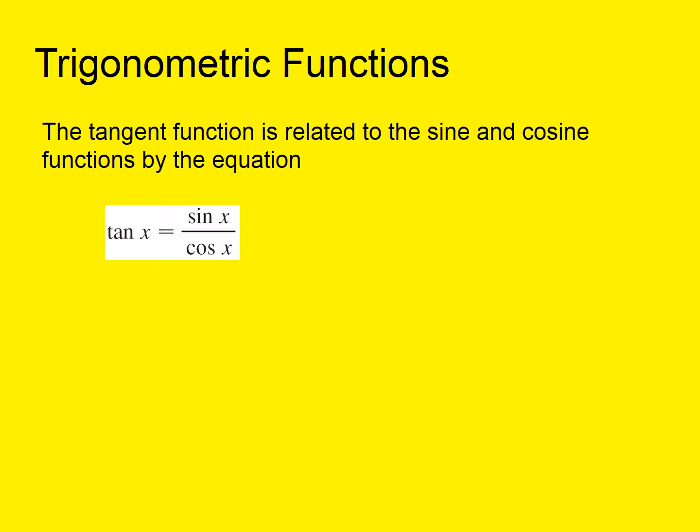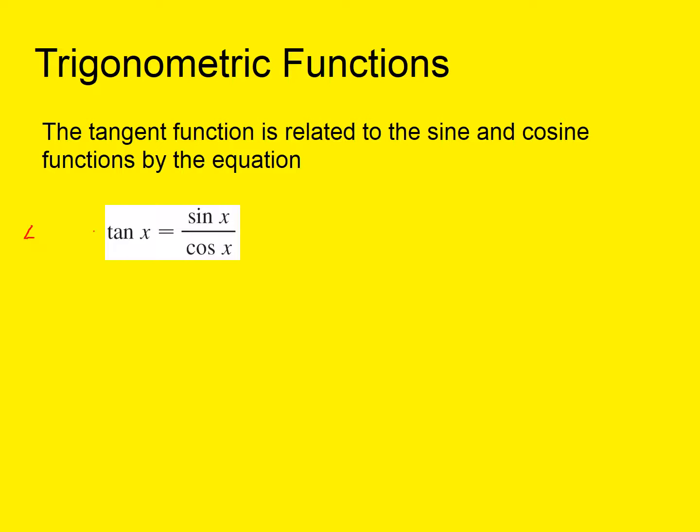The tangent function is related to the sine and cosine functions by the equation tan of x equals sine of x over cos of x. So you take any angle, you get the sine of the angle, you get the cos of the angle, and you do the division, and that's the value of tan.